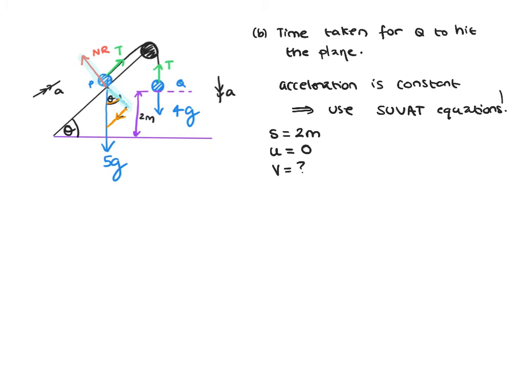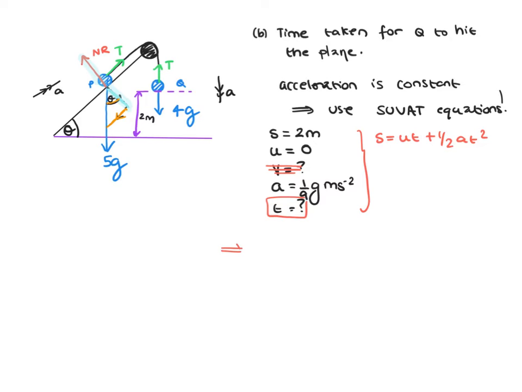We don't know the final velocity as it strikes the ground. We know that a is equal to 1/9 of g, and t is what we are actually looking for. So this is what we want to find, and we don't know v. So looking at this information, we can make use of s equals ut plus a half at squared. So what happens when we substitute into that?